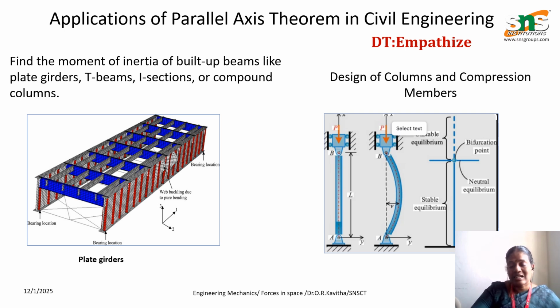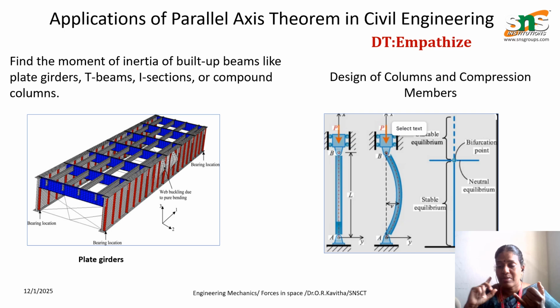Steel tables are provided, in which they have given standard I sections, and it may be an angular section or a T section or any section. For all types of standard sections they have given the properties.